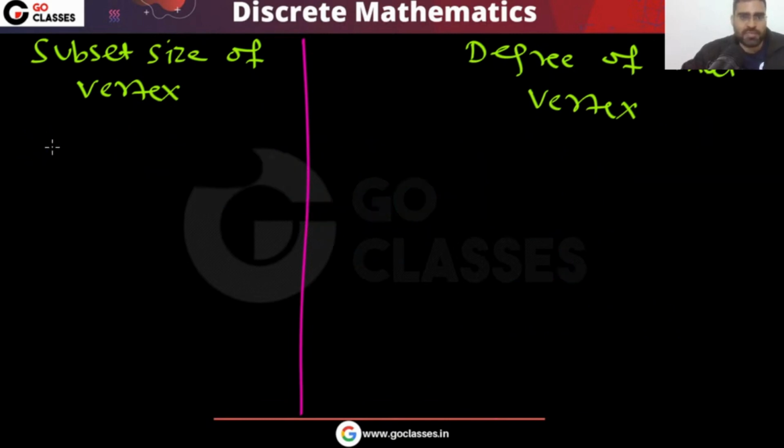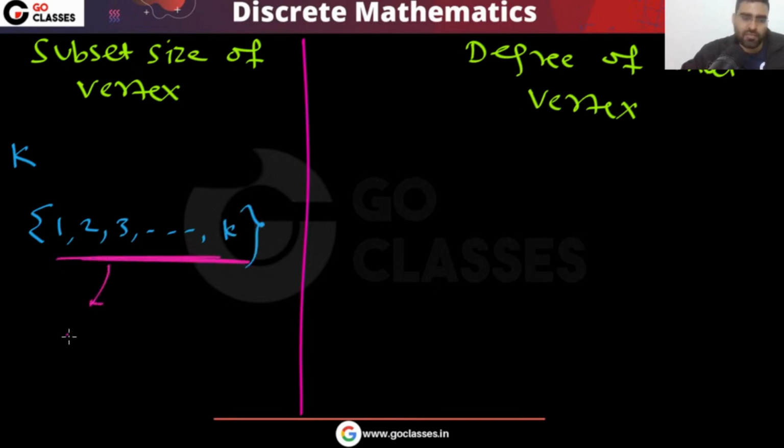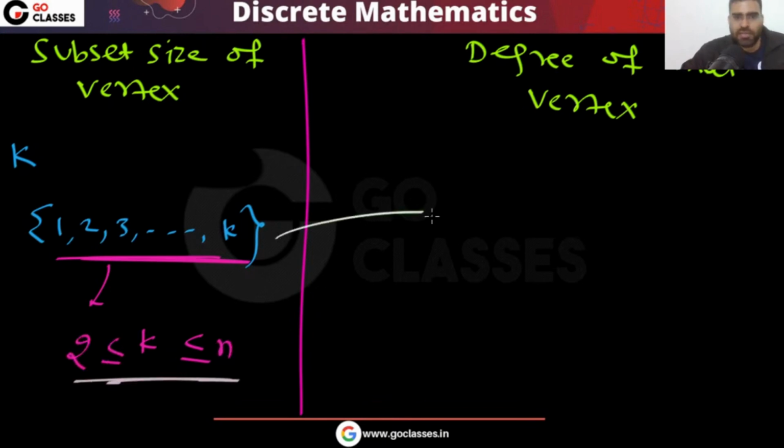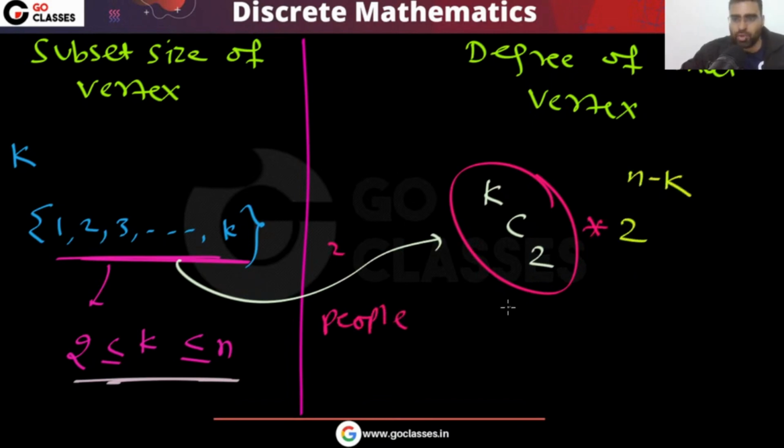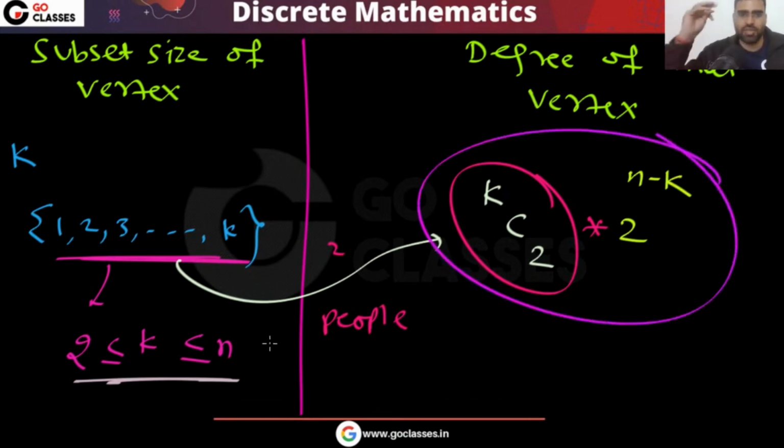If you have a k size subset, where k must be less than or equal to n and greater than or equal to 2, again you take 2 people from these k people, multiplied by the remaining n minus k people having 2 choices each. This is the degree. This is your generalization.